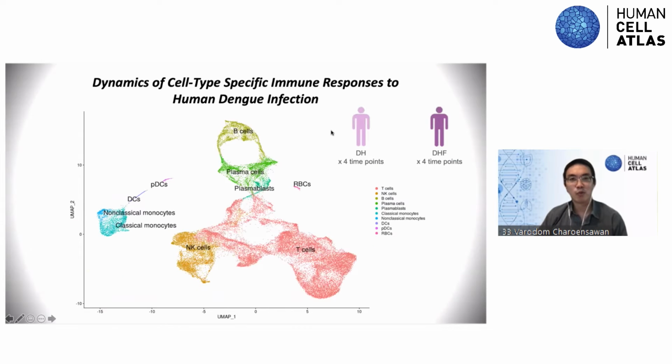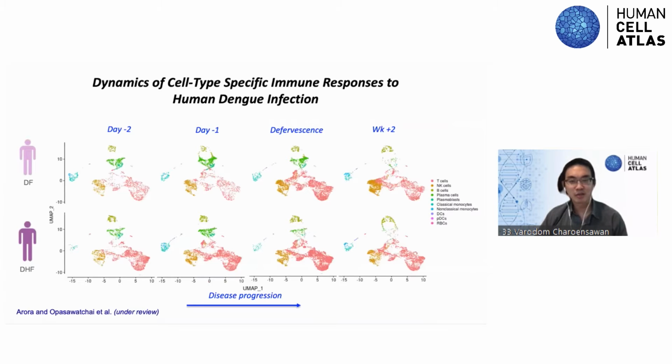So we went on to do our first single cell profiling of these samples, and sure enough, it's PBMC, so you expect to see that the majority of cells are T cells, which is not surprising. But what was pretty intriguing for us is that if you expand it into different days, we can see some interesting trends.